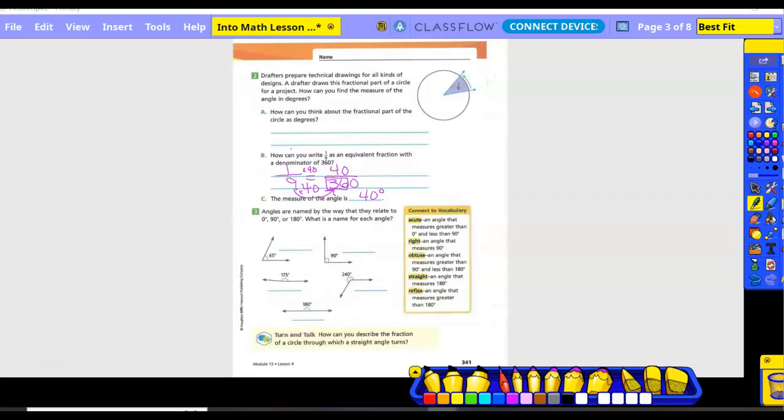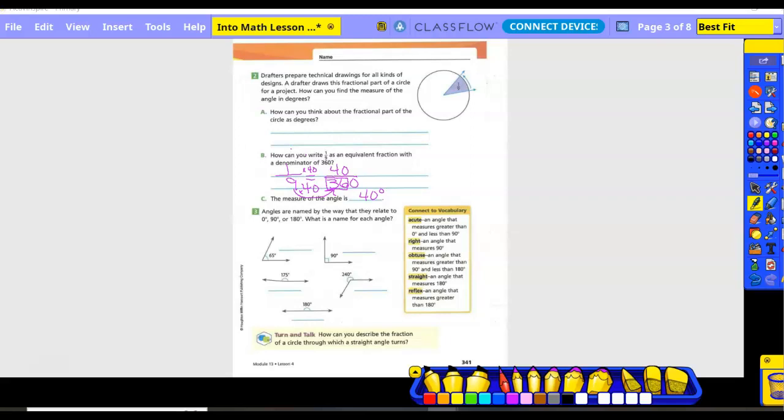If I make my arm go a little bit over, does my angle get bigger or smaller this time? Bigger, so that's a what type of angle? Obtuse. If I bring it in and put it over my head, or I can do my arm straight here and go up a little bit. What kind of angle is this? Acute, because it's less than 90, right?